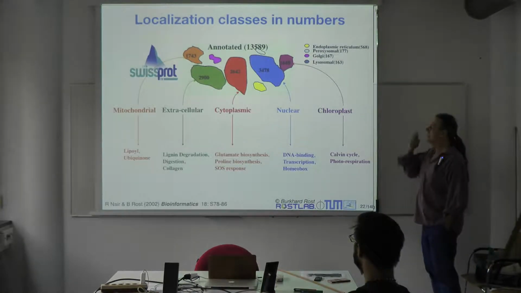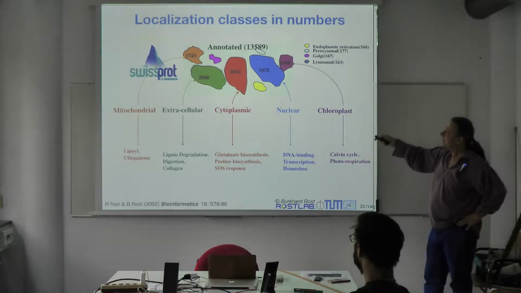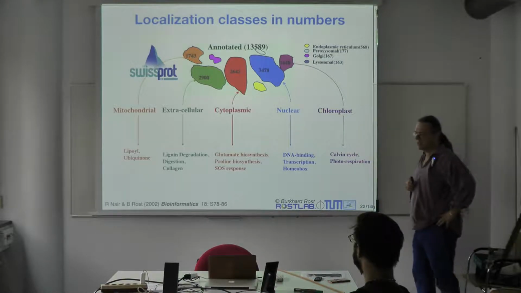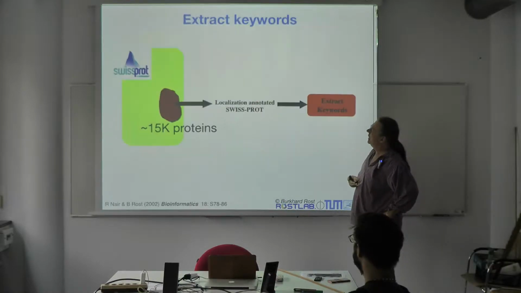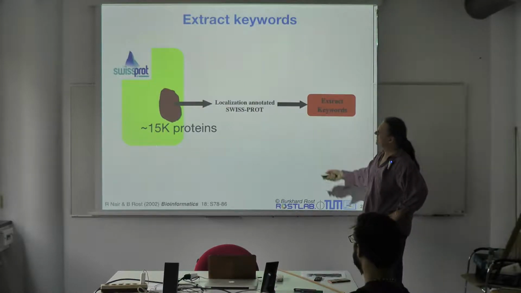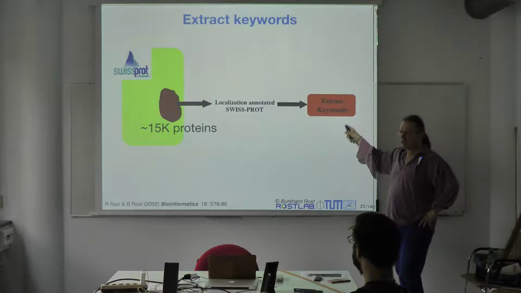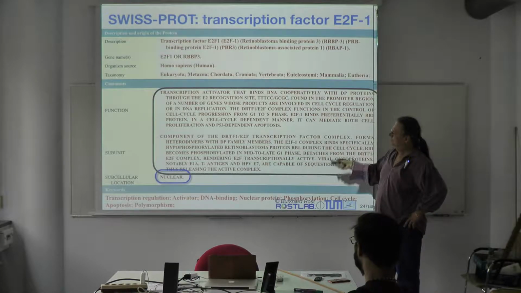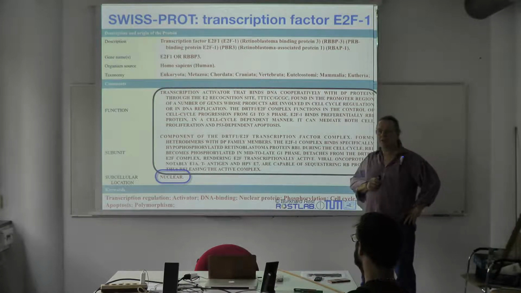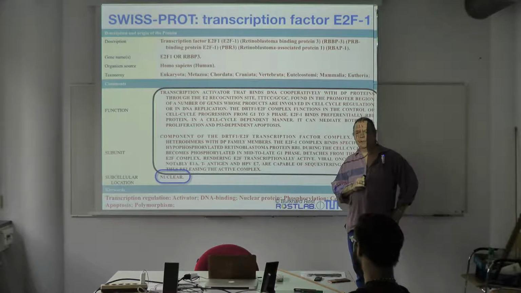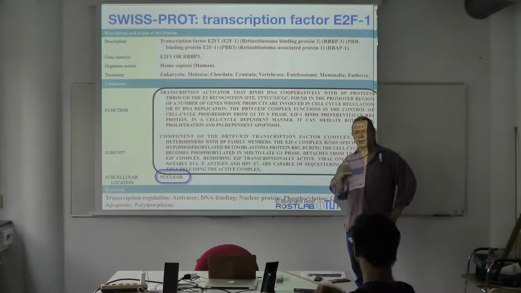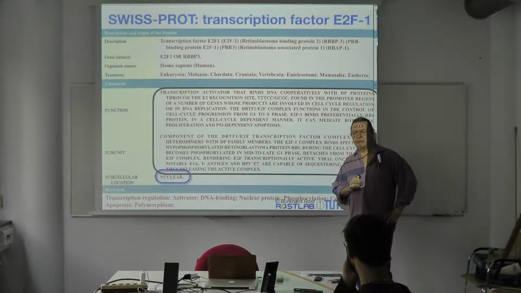The way to do that is, well, again, we begin with a data set of sub-cellular localizations that are annotated. From all of those, in this particular case there were 15,000, we extract all the keywords like this. So now how would you do it? How would you develop a method? How would you turn this simple idea into a method?